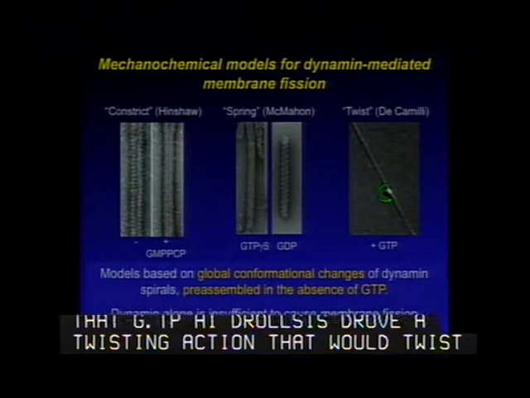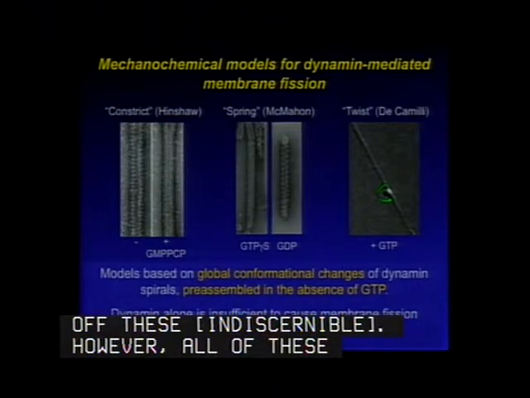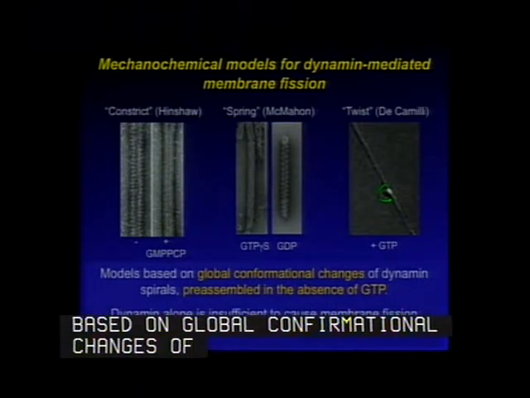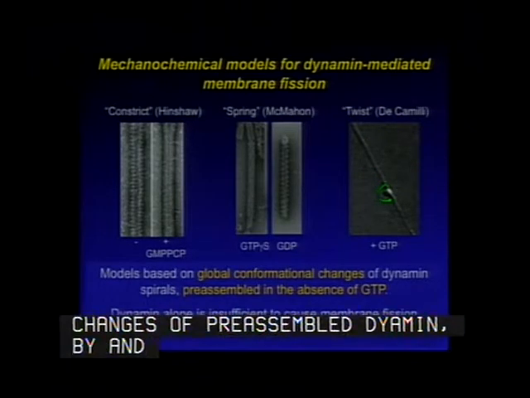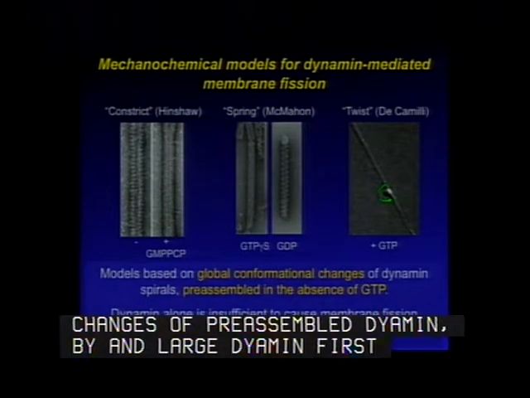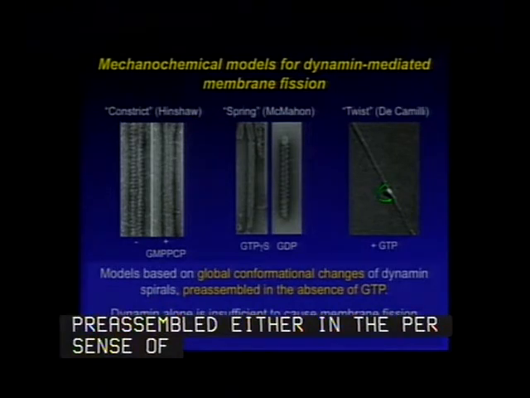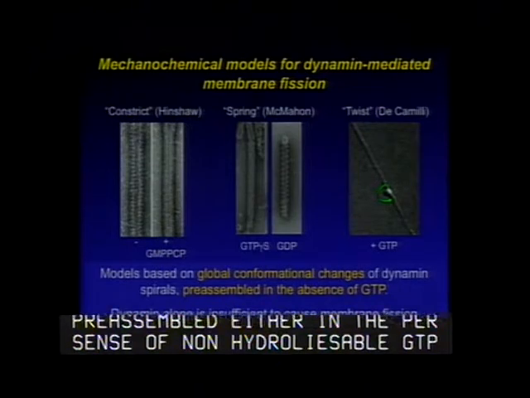However, all of these models are based on global conformational changes of pre-assembled dynamin. By and large, dynamin that's first pre-assembled either in the presence of non-hydrolyzable analogs of GTP or in the absence of nucleotides. Secondly, all of them conclude that dynamin alone was not sufficient to cause fission.